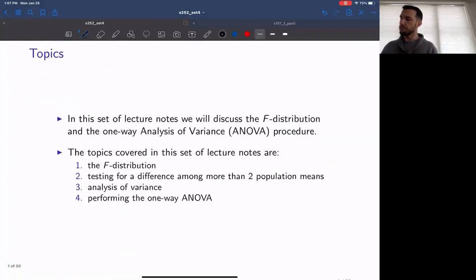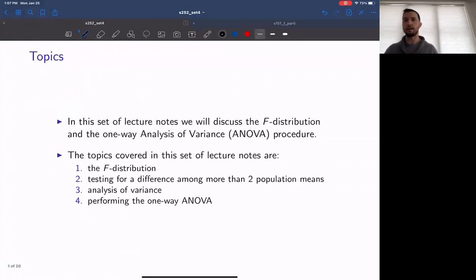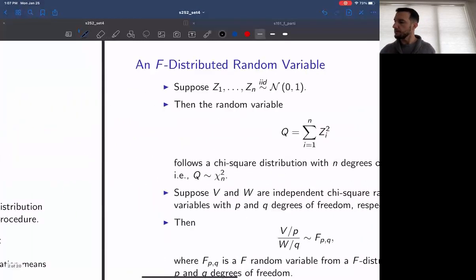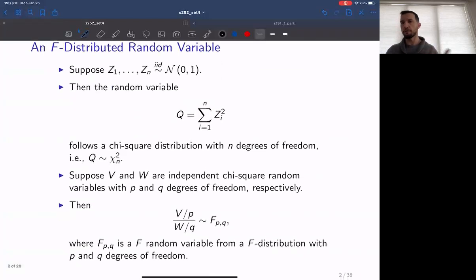Okay, so the topics in this lecture set are the F distribution, how we can use variances to compare population means, the components of the analysis of variance, and then how we would actually run the hypothesis test, which we call the one-way ANOVA. The starting point is to define the F distribution, because we need it to run the ANOVA.